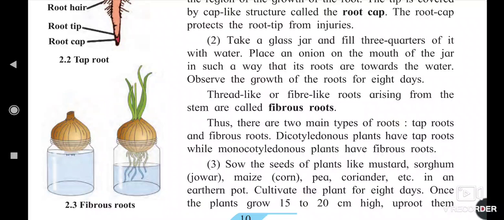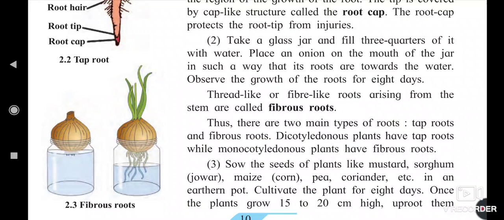Place an onion on the mouth of the jar in such a way that its roots are towards the water. Observe the growth of the root for 8 days.